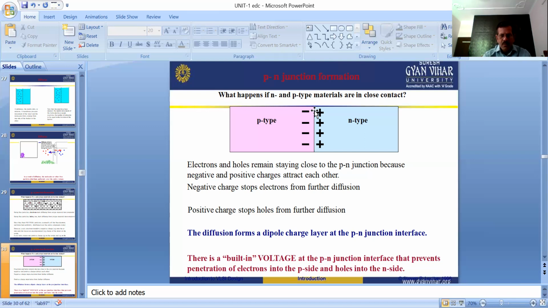There is a built-in voltage at the P-N junction interface that prevents penetration of electrons into the P side and holes into the N side, because on the N side the holes are minority carriers, and on the P side the electrons are the minority carriers and holes are majority carriers, and on the N side electrons are majority carriers.